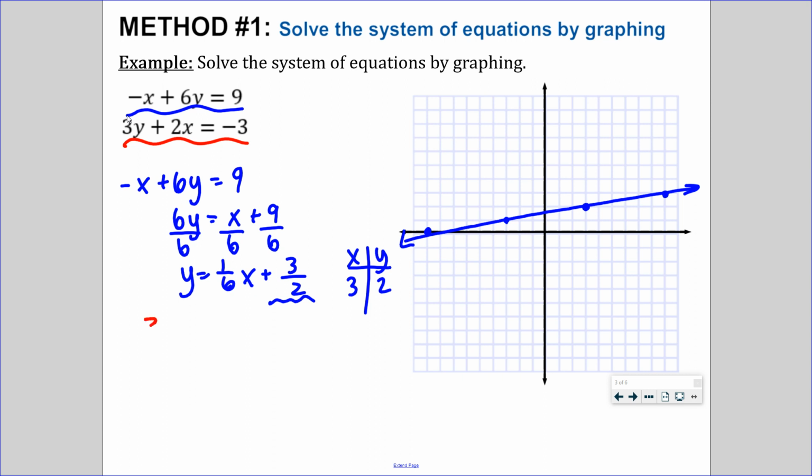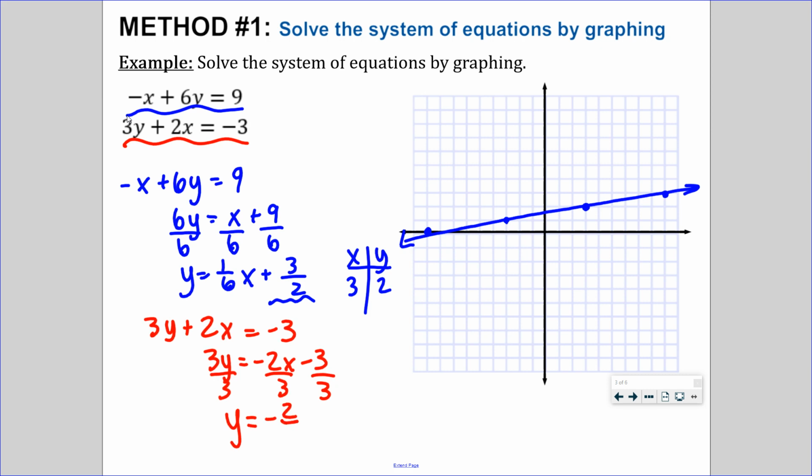My second line here isn't as bad when I put it in slope-intercept form. I subtract the 2x, divide everything by 3. Always keep your slope as a fraction. We have negative 2/3 x minus 3/3, which is 1. Nice. I have a y-intercept that's a nice integer, negative 1.